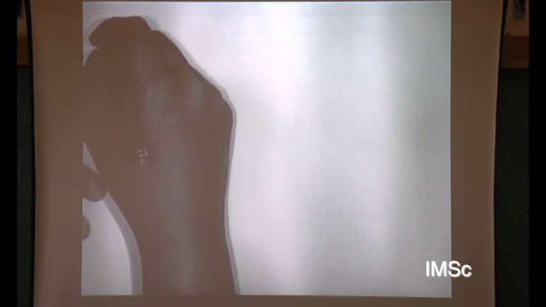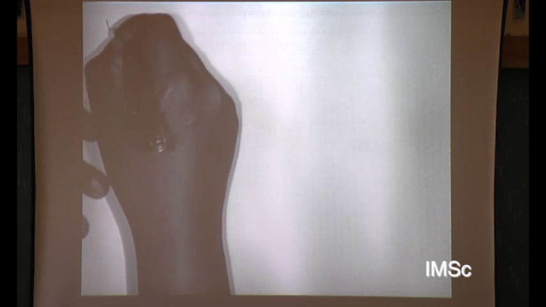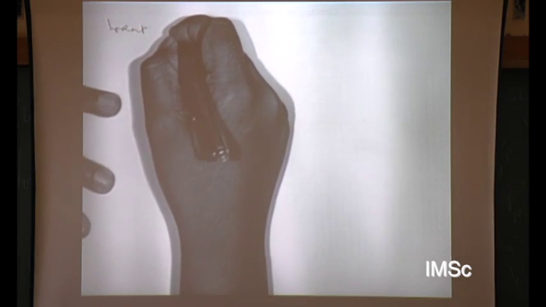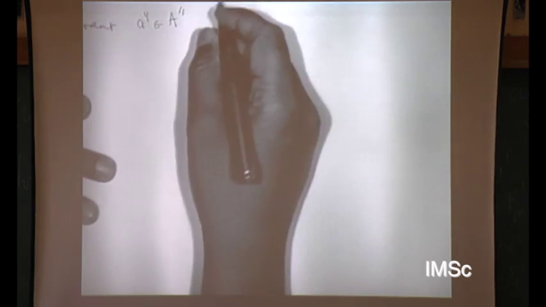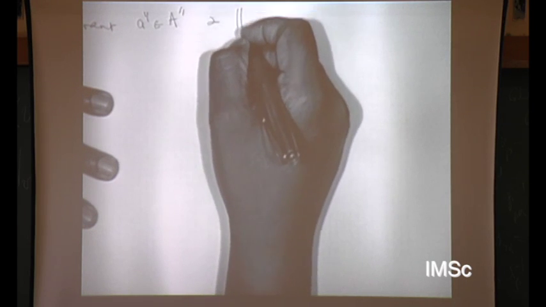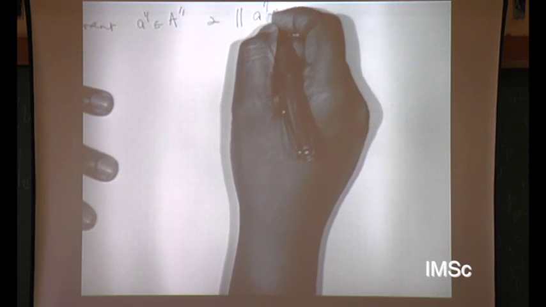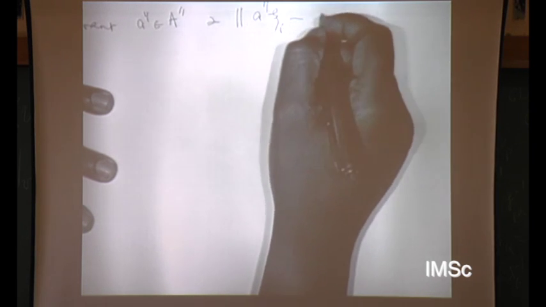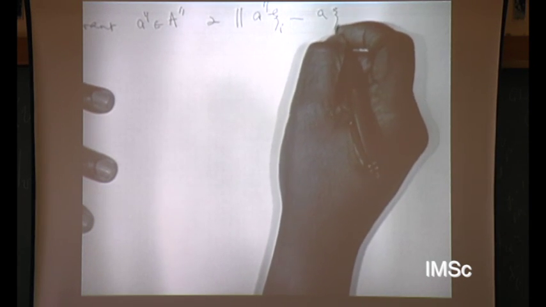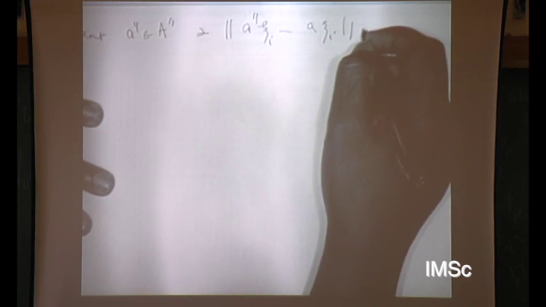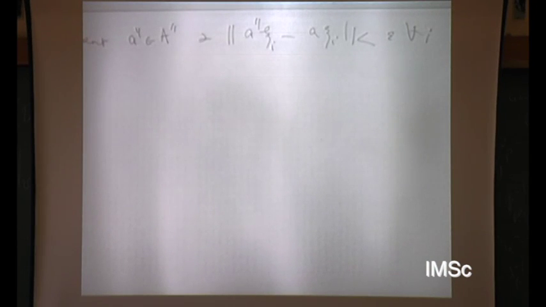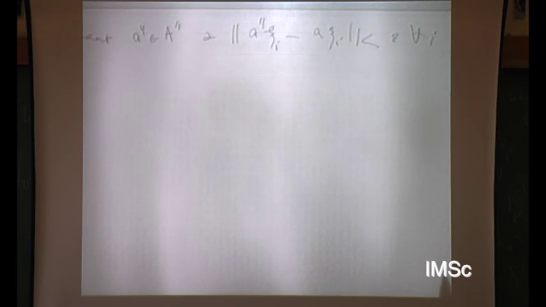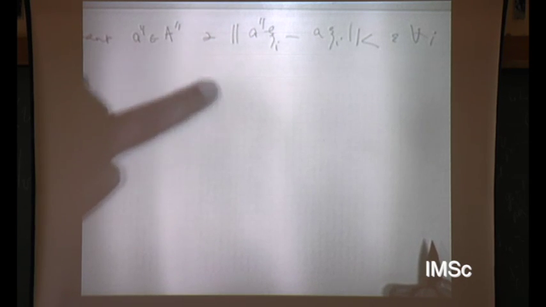We want A double prime and A double prime such that the norm of A double prime xi minus A xi is less than epsilon for all A, where A was something in A. We started with something in A. So this is what we want to prove.